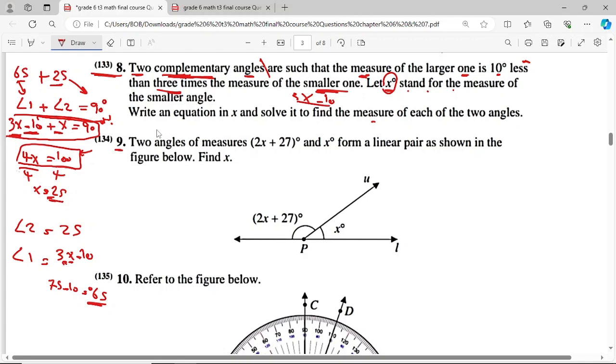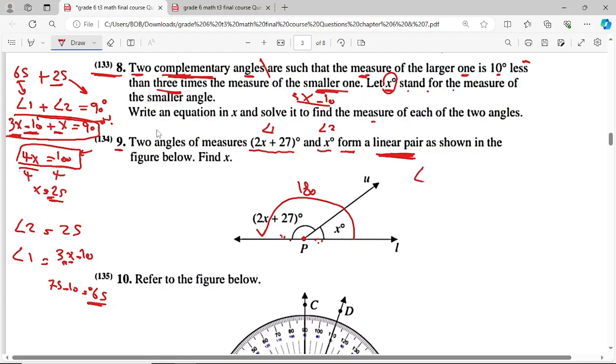Two angles of measures: the first angle is 2x plus 27 and the second angle is x. They form a linear pair. Linear pair means they share an endpoint and the other two sides are in opposite directions. So the total angle of the linear pair at the endpoint will be 180.